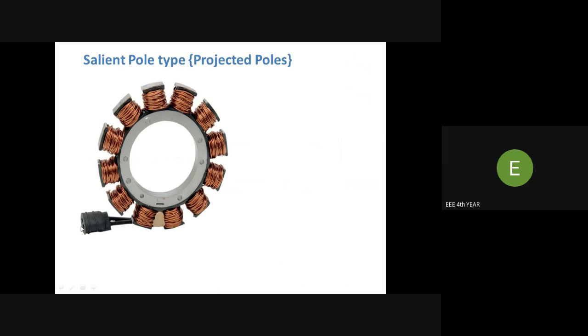We have to give the DC supply to the field windings, and it will produce alternate north and south poles. The main feature of the salient pole type construction is that it has a larger diameter and shorter axial length. So it is applicable only for low speed.